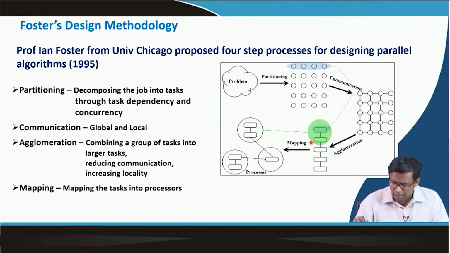And then from agglomeration, the groups of tasks will go to different processors through a mapping, which will also take care of load balancing.